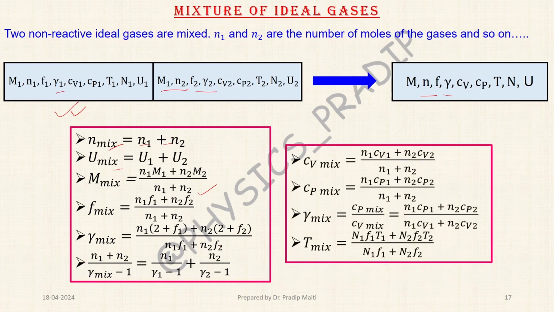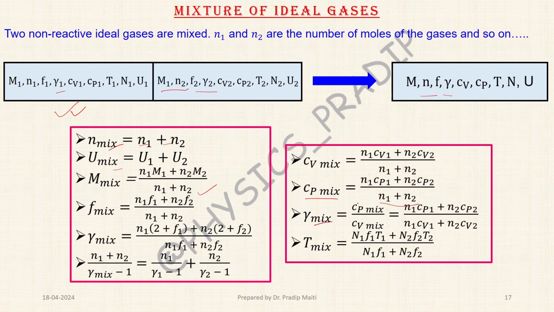Also there is Cv of the mixed gases: Cv mix equals n1 Cv1 plus n2 Cv2 divided by n1 plus n2. Cp for the mixture equals n1 Cp1 plus n2 Cp2 divided by n1 plus n2.